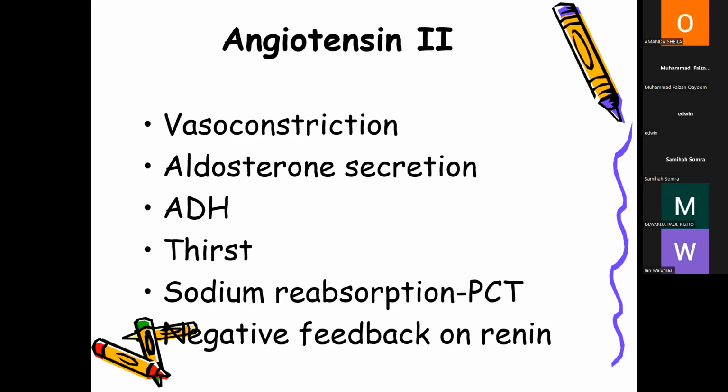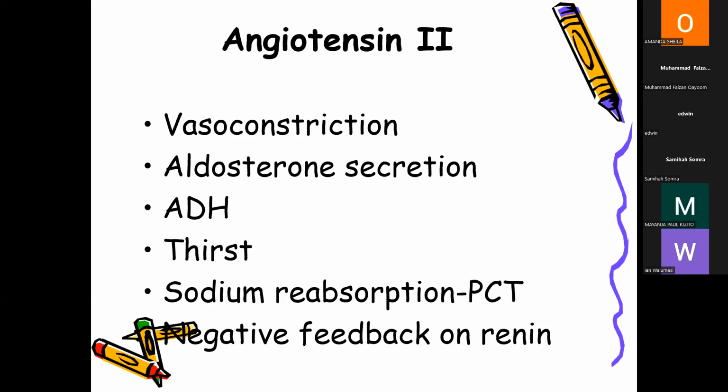And angiotensin 2 is one of those that does that very comfortably. It also ensures that sodium is reabsorbed in the proximal convoluted tubule, and so on and so on. So I've only talked about 1 or 2 or 3 functions of angiotensin 2.